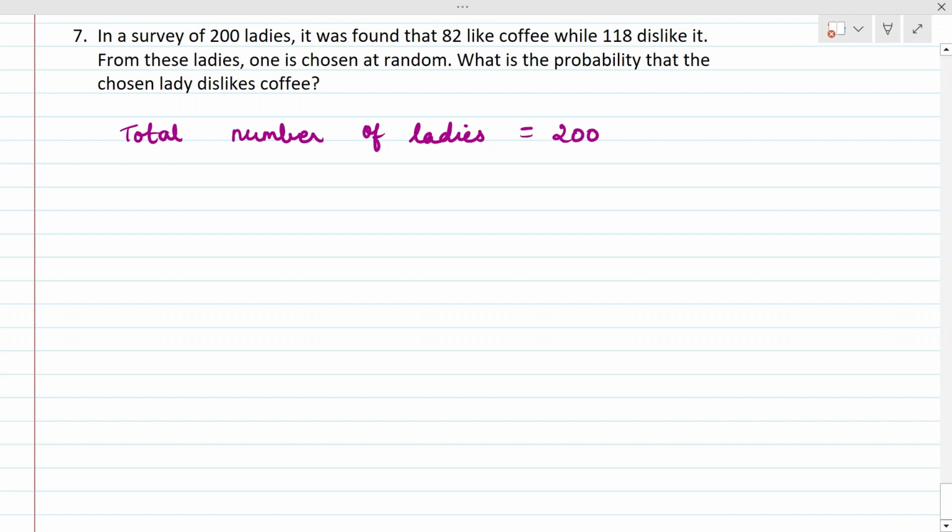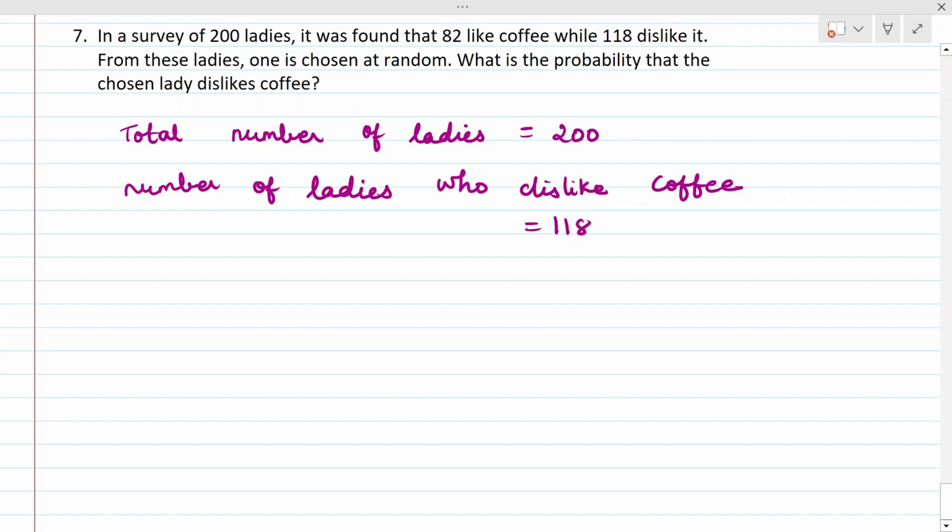Okay, so now dislikes coffee. They have directly given 118 dislike it. So there is no need for the second method. So number of ladies who dislike coffee, they have given. So there is no 1 minus all that needed. So dislike coffee is 118.